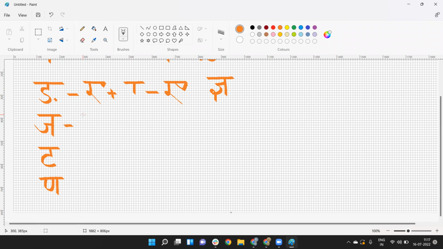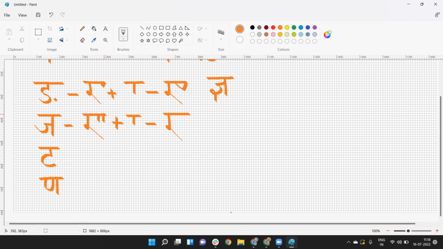Now we'll look at Ja. And if you see, all these letters are similar looking. That is why they follow this particular pattern. So this Ja, if you see, is also very similar looking to Na. And these similar looking letters follow this special rule. Now here, this remains as it is.